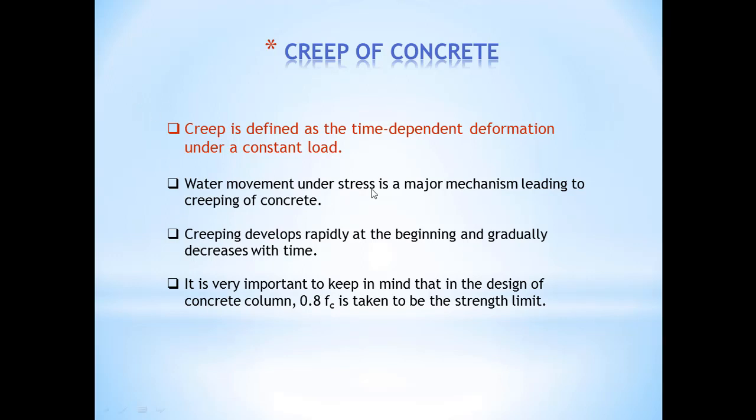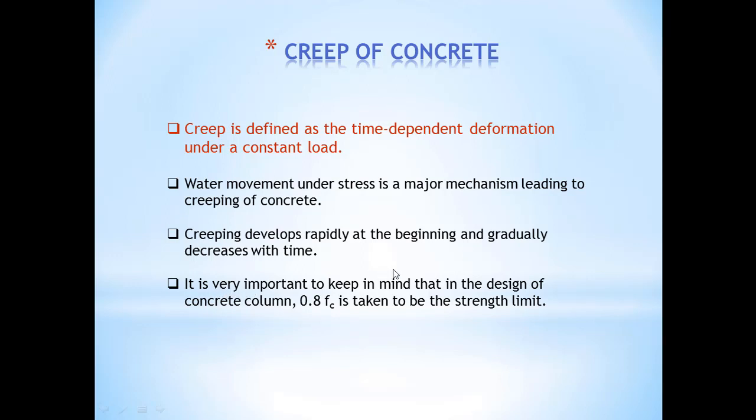Water movement under stress is a major mechanism leading to the creep of concrete. Creep develops rapidly at the beginning and gradually decreases with time. Means at the start under loading, the creep develops very high and gradually decreases with time.